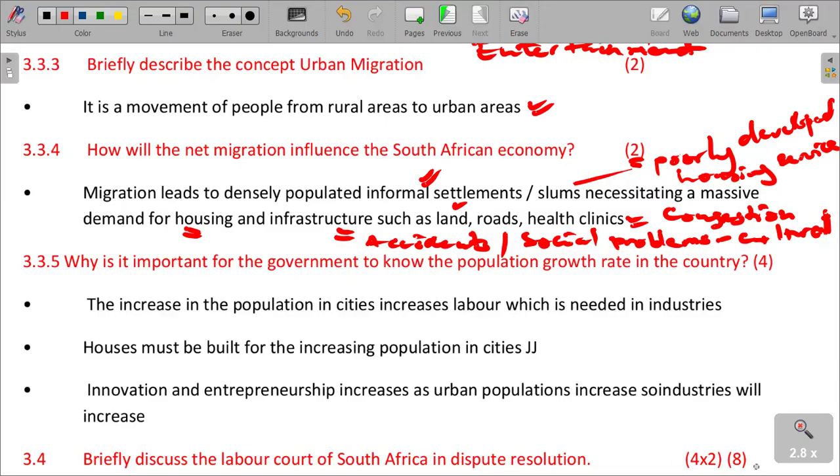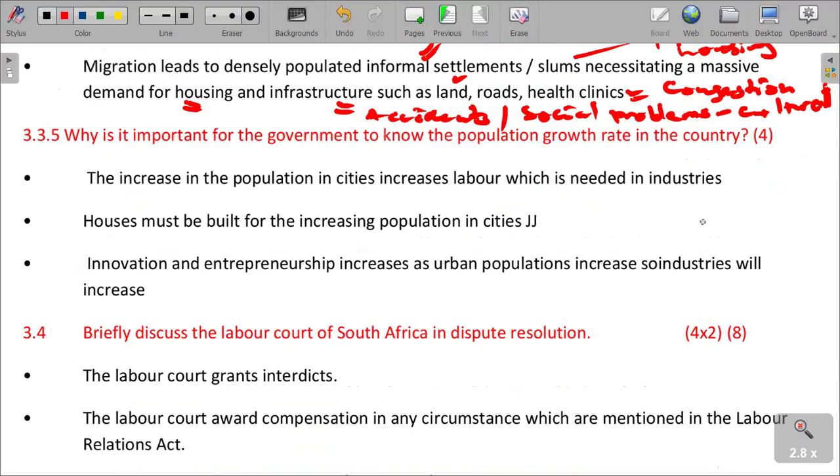And then why is it important for the government to know the population growth rate in the country? To one, the increase in population in cities increases labor which is needed in the industries. The government must know how the increase is there. Houses must be built for the increasing population in cities, which is another good reason for them to know.